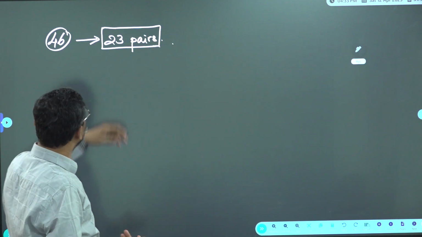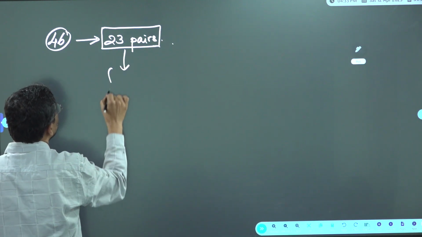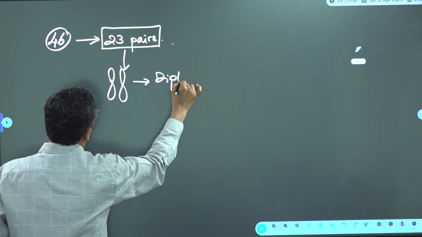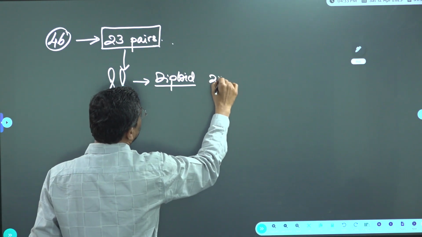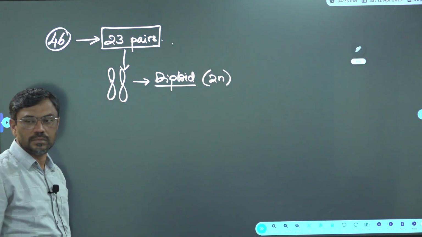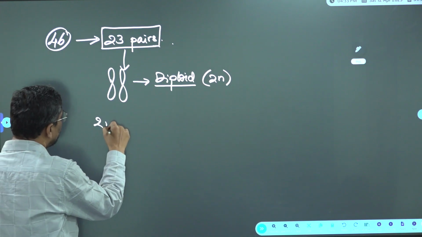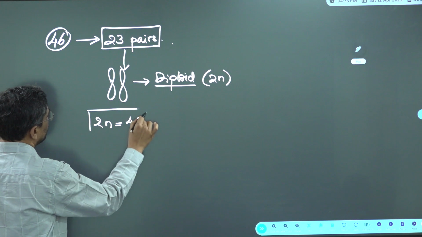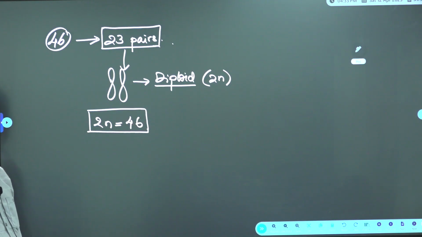They exist as 23 pairs, and this pairing condition is called diploid. You have to remember the diploid nature, which is represented by 2n. So, 2n is equal to 46, or 23 pairs. This is called the diploid condition.